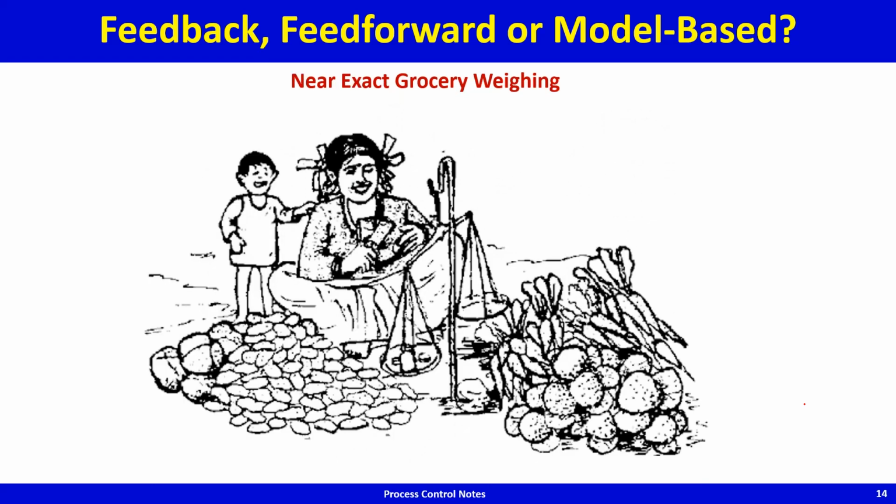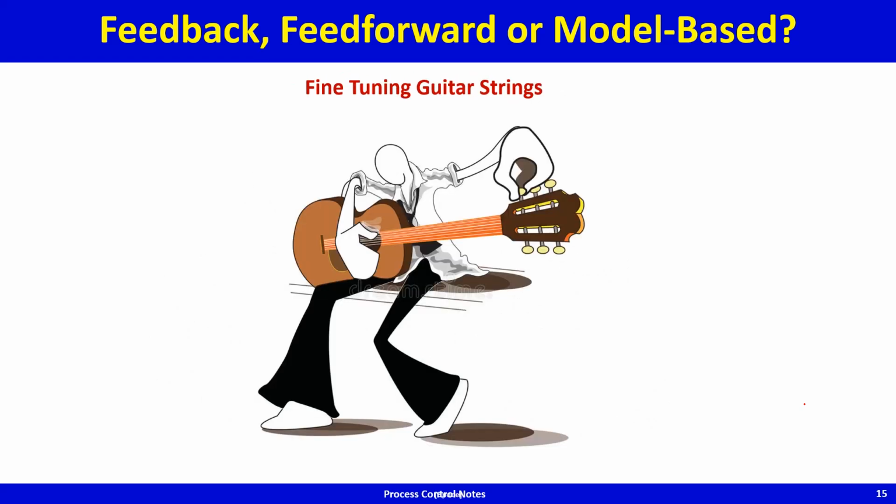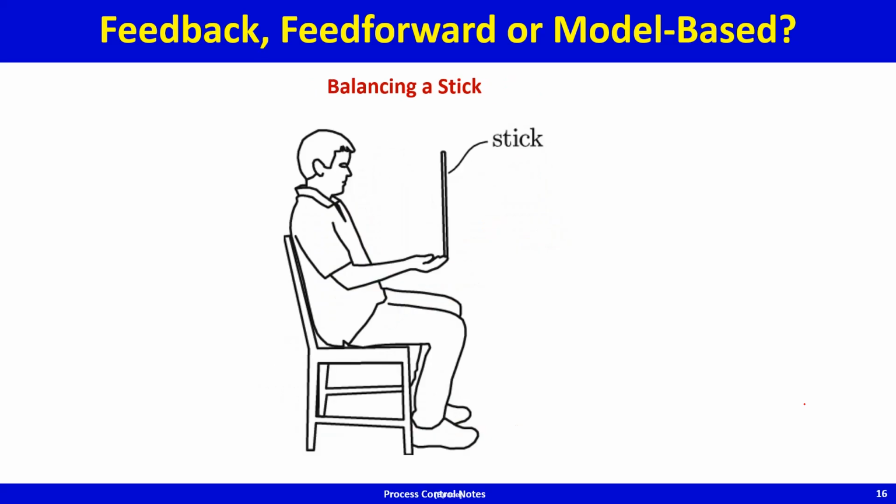Near exact grocery weighing, feedback, feed forward, or model based, or a combination? Fine tuning of guitar strings, where the guitar string sounds exactly right, is it feedback, feed forward, or model based? Just ask these questions to yourself and answer them. Balancing a stick on your palm.